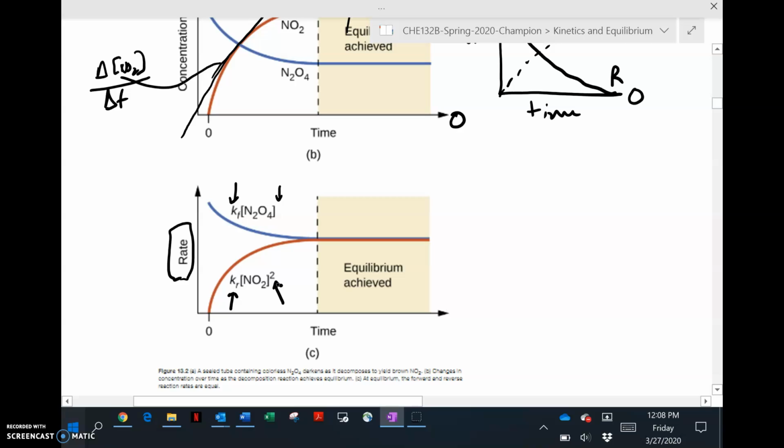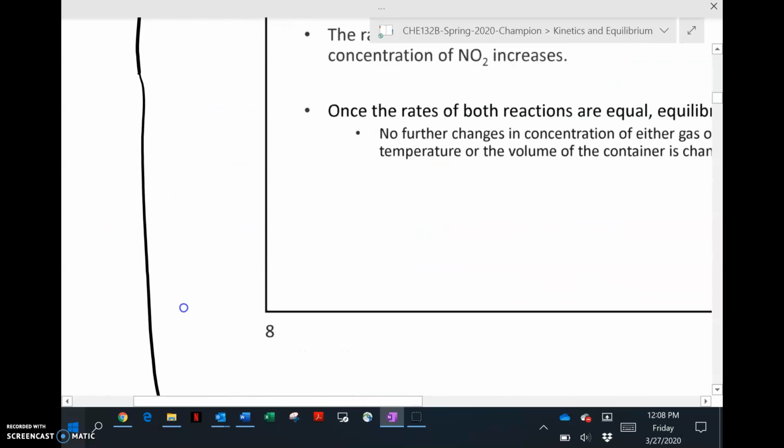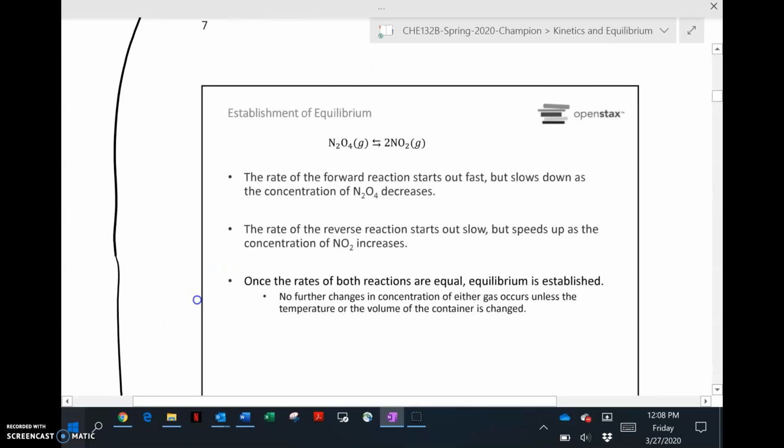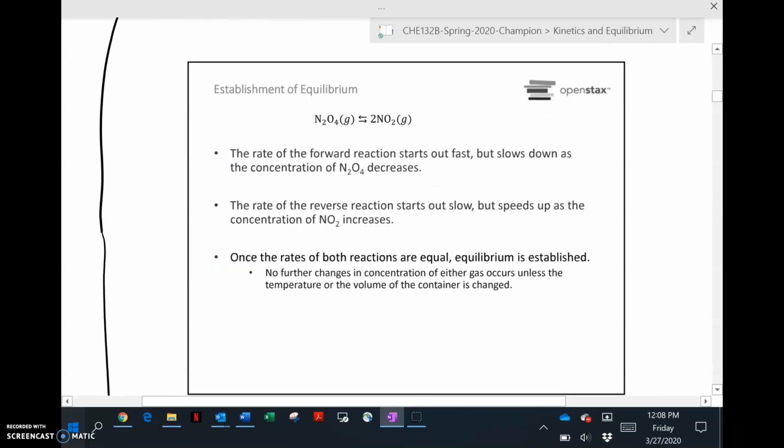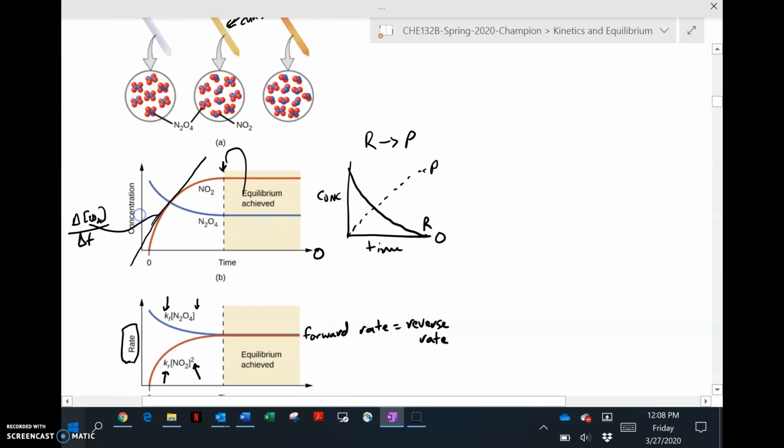What they're saying is that when you achieve equilibrium, the forward rate is equal to the reverse rate. So that's tying equilibrium and kinetics together in that image. Those things are summarized in slide number 8, so what I talked you through there is summarized again in slide 8.